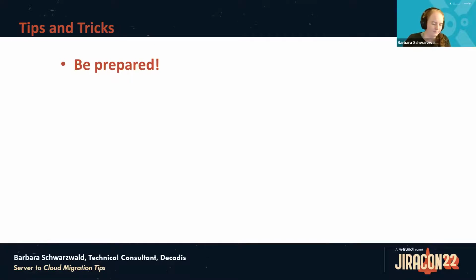So the first thing is what you already started with by coming to this talk: be aware and be prepared. I think the first step to overcome a challenge is to be aware that this challenge exists, and then you can take steps to avoid it becoming a real problem.